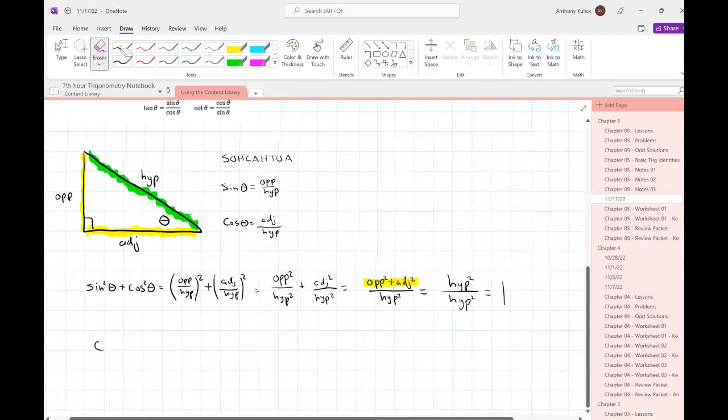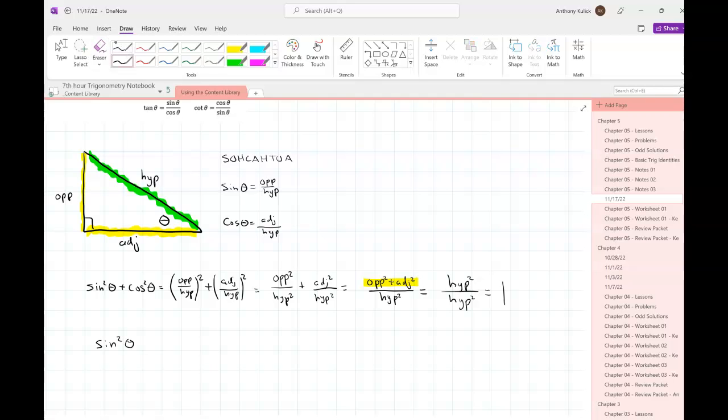So that will become an identity. So these identities that we're talking about now all get the name the Pythagorean identities because the Pythagorean theorem was a fundamental part of kind of developing that identity.